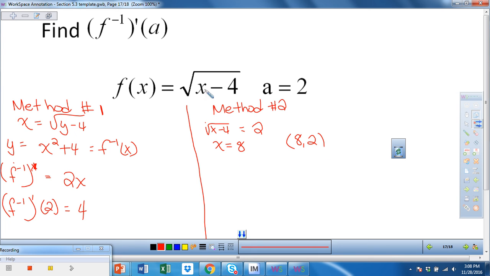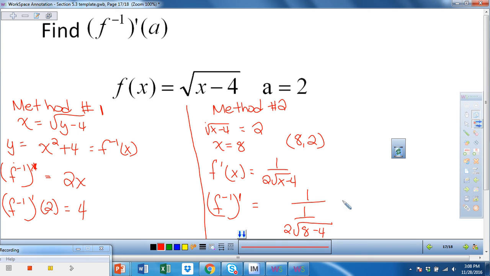So what I'm going to do now is take the derivative of this, which is 1 over 2 square root of x minus 4, and I'm going to find the derivative of the inverse by taking 1 over that, with my new x being 8 minus 4, which gives me 1 over 2 times the square root of 4. 8 minus 4 is 4.